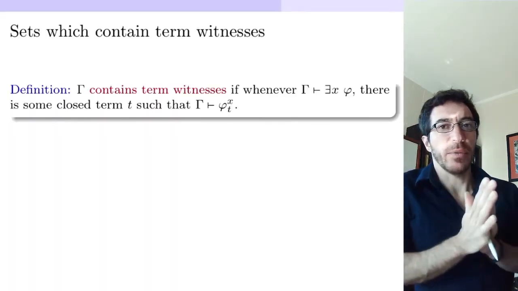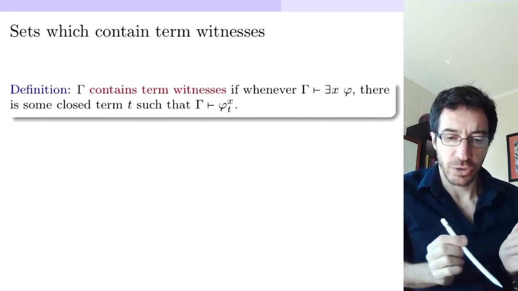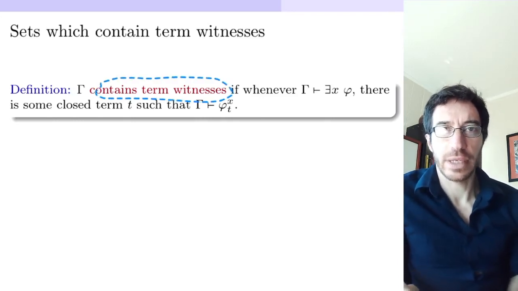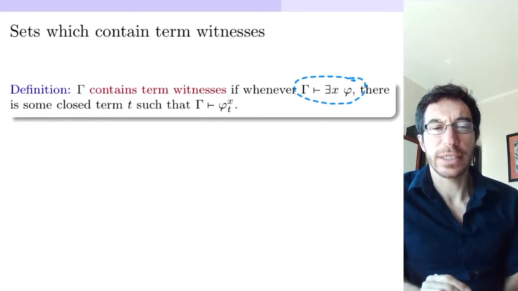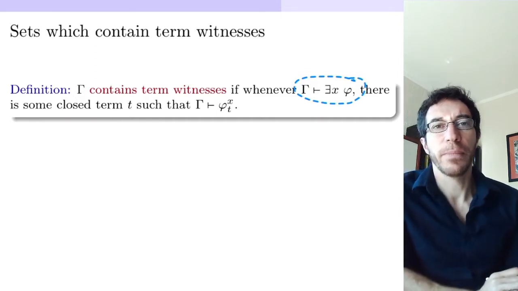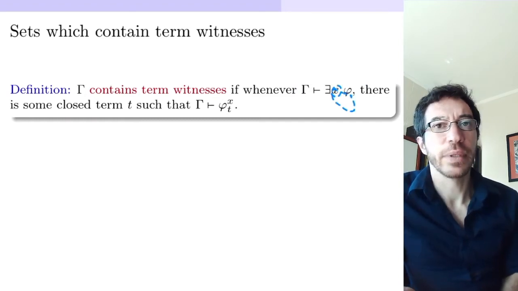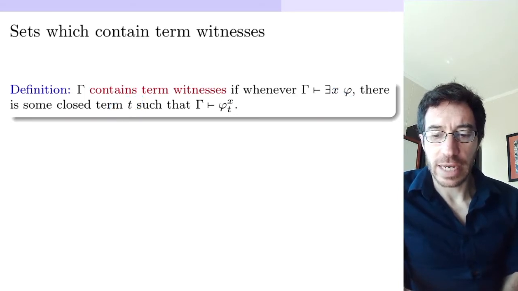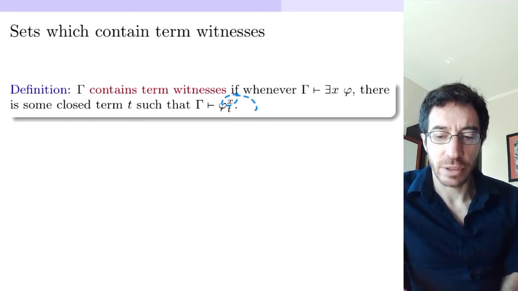So this is the concept that we add today, which is containing term witnesses. So we say that a set of sentences gamma contains term witnesses if whenever gamma proves a formula of the form there exists an x phi, where imagine that x is a free variable inside phi, so x shows up inside phi, then there is some closed term t such that gamma proves the formula phi where x is substituted by t.